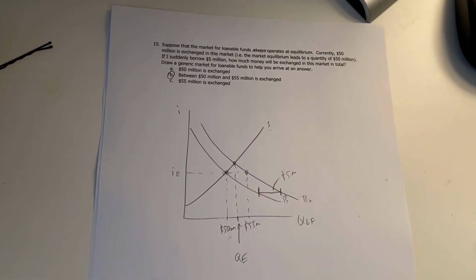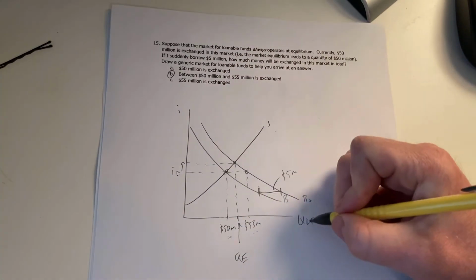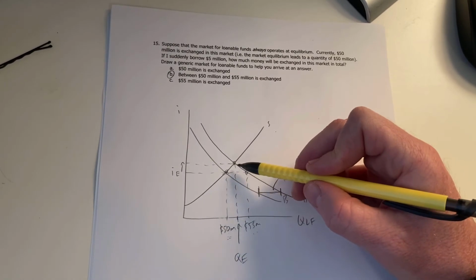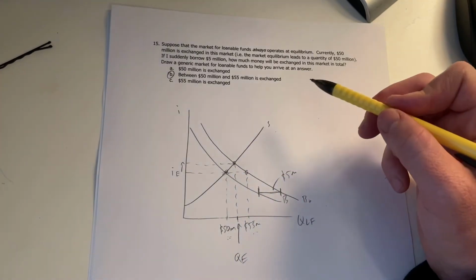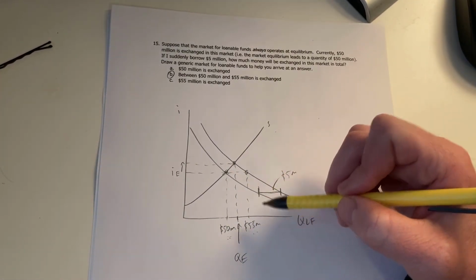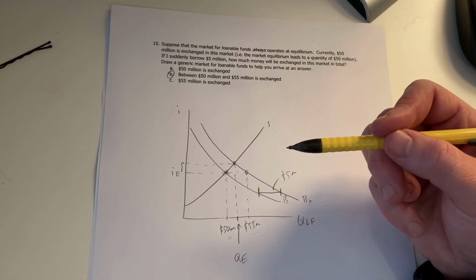So what happened? Well, this is basically what occurs. When I borrow that $5 million, that drives up the interest rate. So what that does is it causes some people to stop saving or stop borrowing money. So when I say $5 million, there's someone else that was borrowing and they stop borrowing money, okay, because of the higher rate.